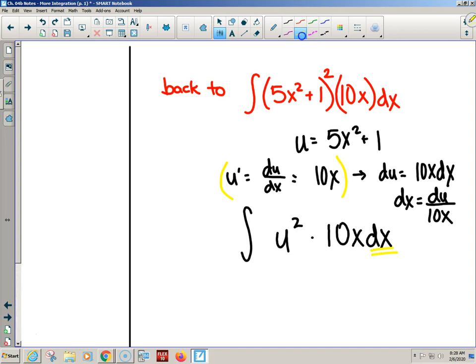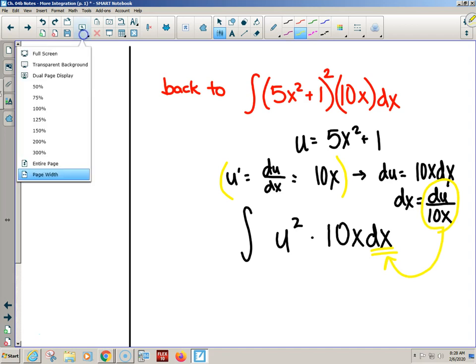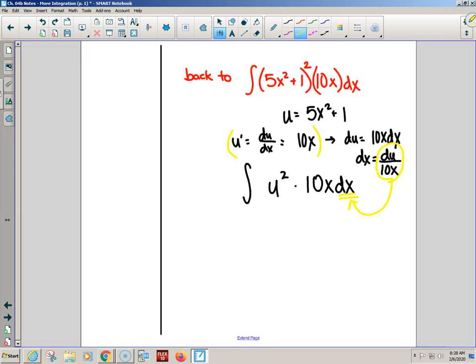So I solve for what will always be there, and I plug it in. What's really nice is the 10x goes away. I end up with u squared times 10x times du all over 10x. Those reduce away, and I just have u squared du.